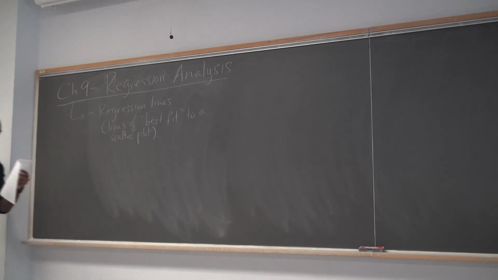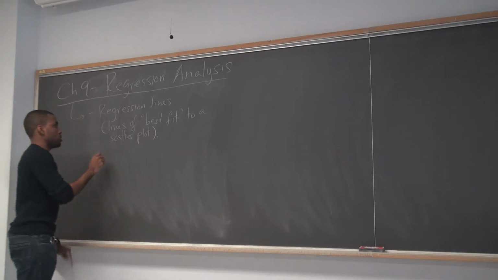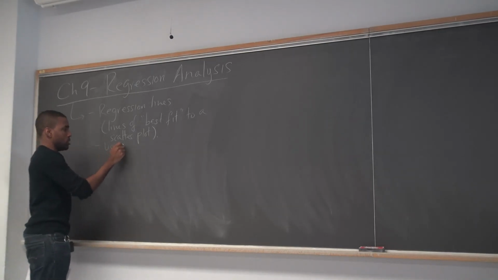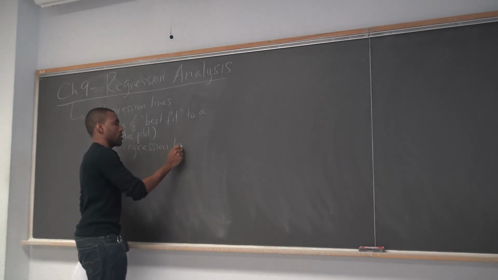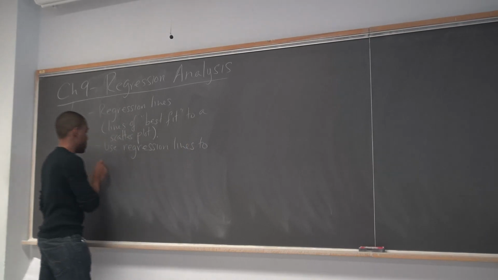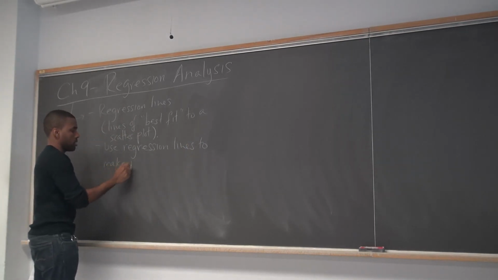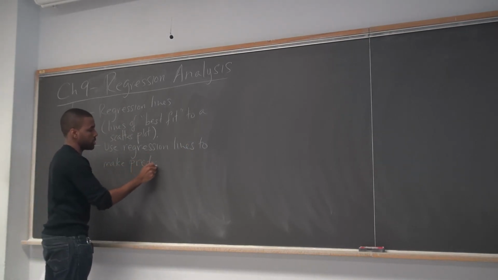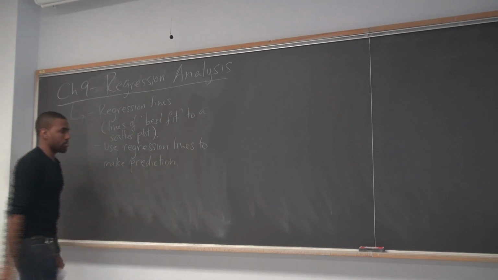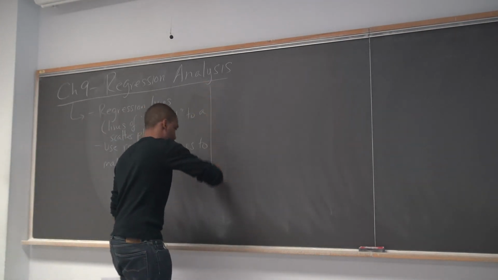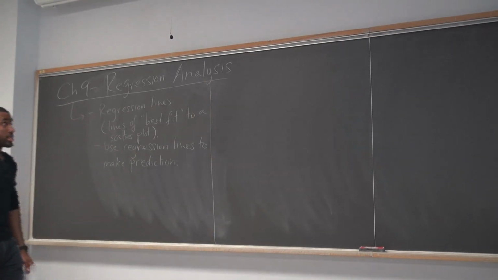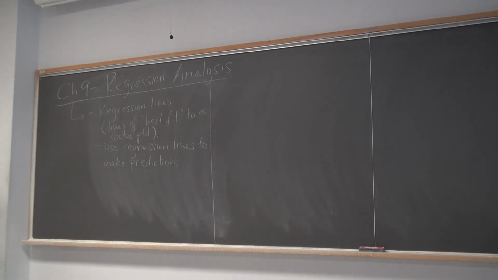We are also going to use regression lines to make predictions. We'll see how that works in a bit. It's just going to be a matter of evaluating the equation of the line at a certain point, and we can predict what's going to happen in the future based on what's happening in the past. Not always 100% accurate, but usually it's accurate enough.